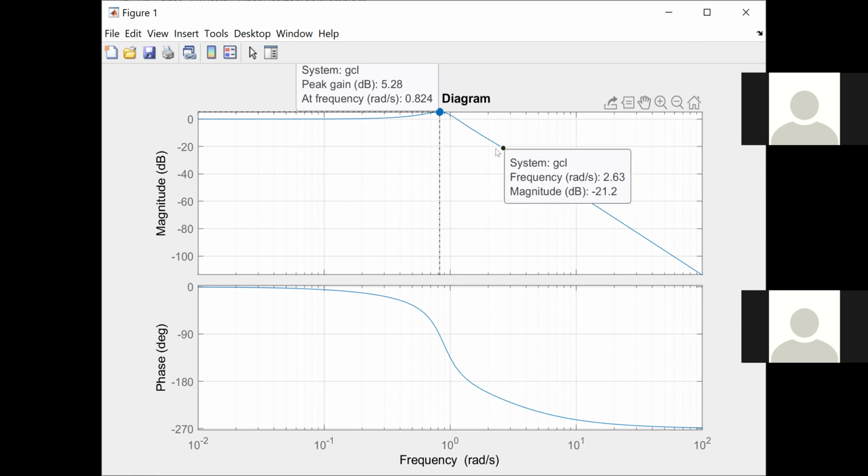Minus 3 dB. Stop kat saya. Minus 3 dB. Sekarang minus 7. Minus 3. Nampak tak? Can you see? Minus 3 dB.